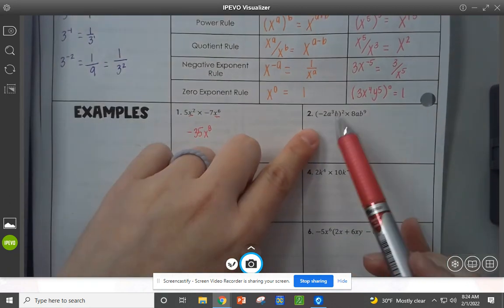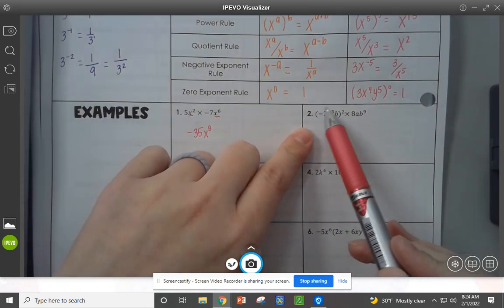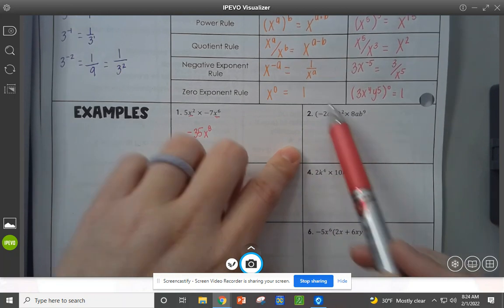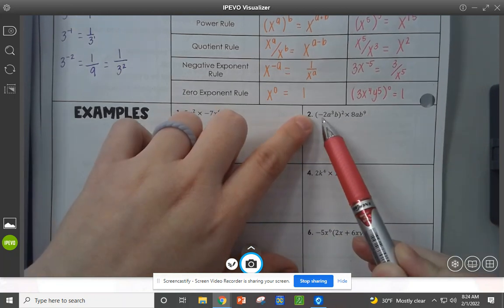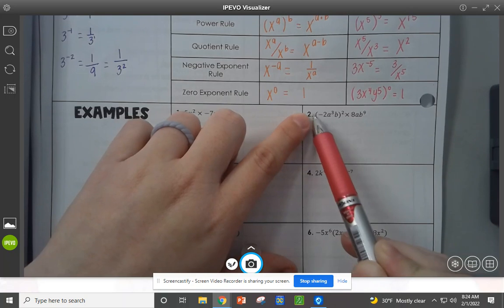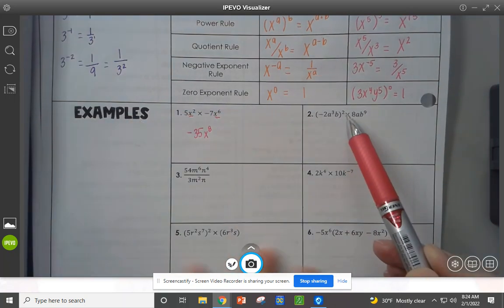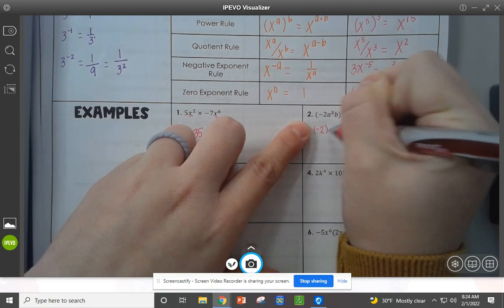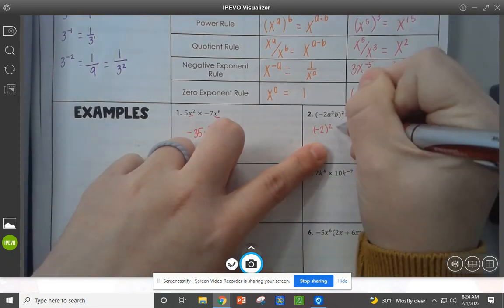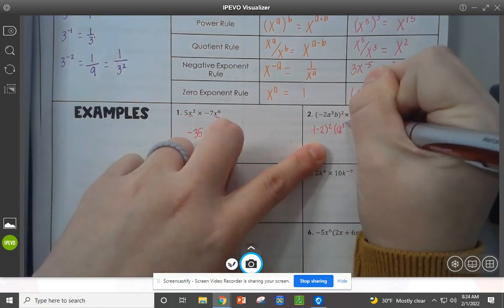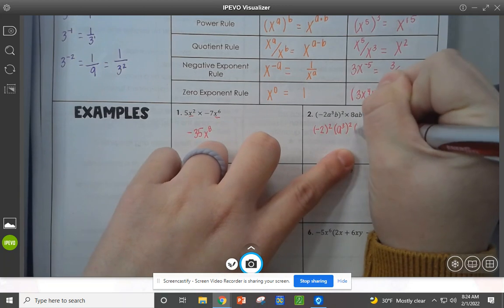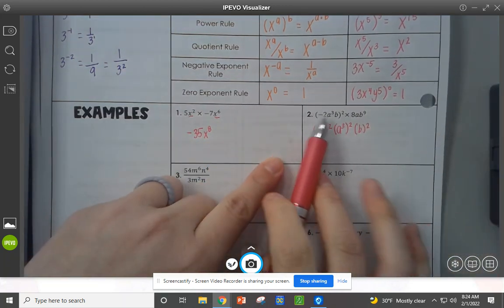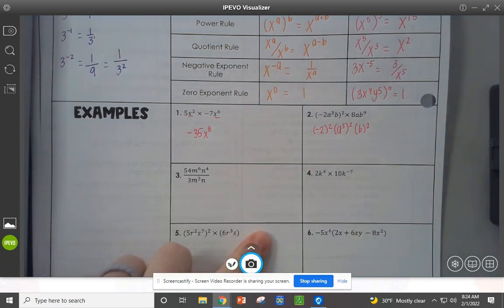Number 2, we need to do this exponent first. So we've got 2 steps. So we are going to raise each thing in the parentheses to a power of 2. So this would be negative 2 to a power of 2, a cubed to a power of 2, and b to a power of 2. So when you square a monomial, you do each part to that power.